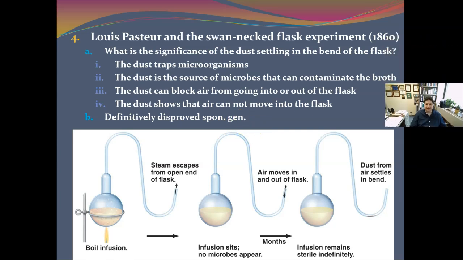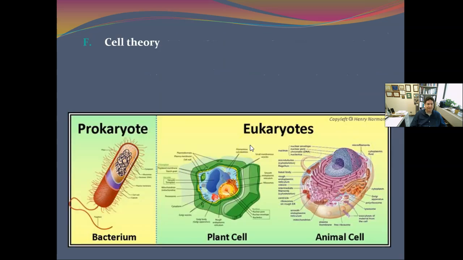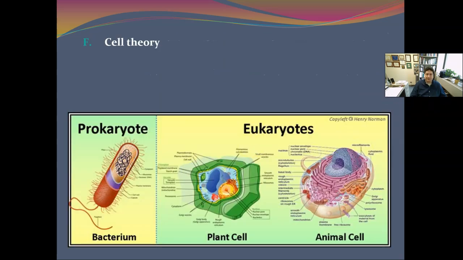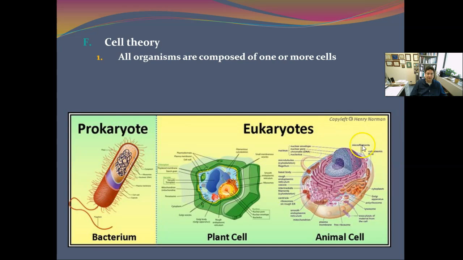Now, since this time, we have developed cell theory. Cell theory is one of the foundational bedrock theories in modern biology. Cell theory says that all organisms are composed of one or more cells. A cell is the basic organizational unit of life, meaning a cell is the smallest thing that is itself alive, as I told you earlier.